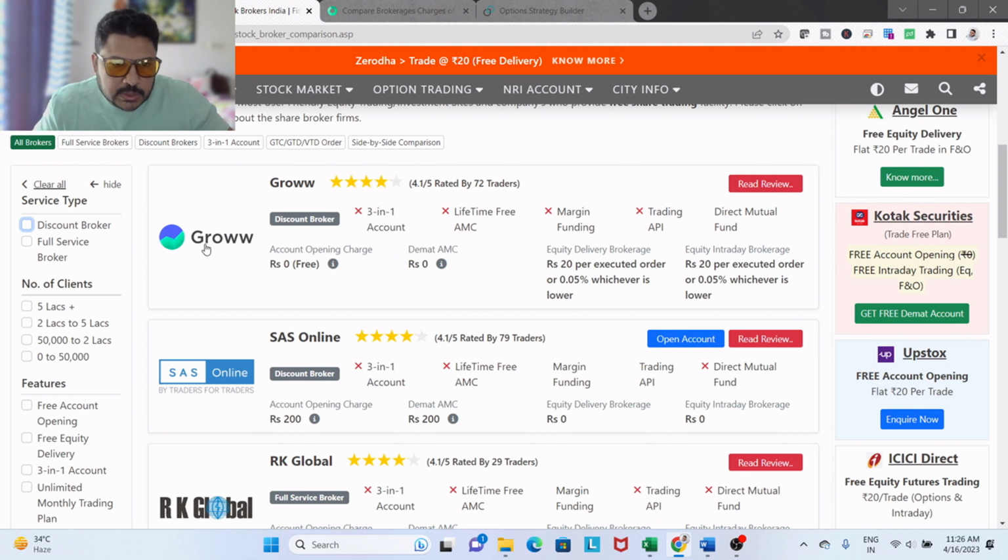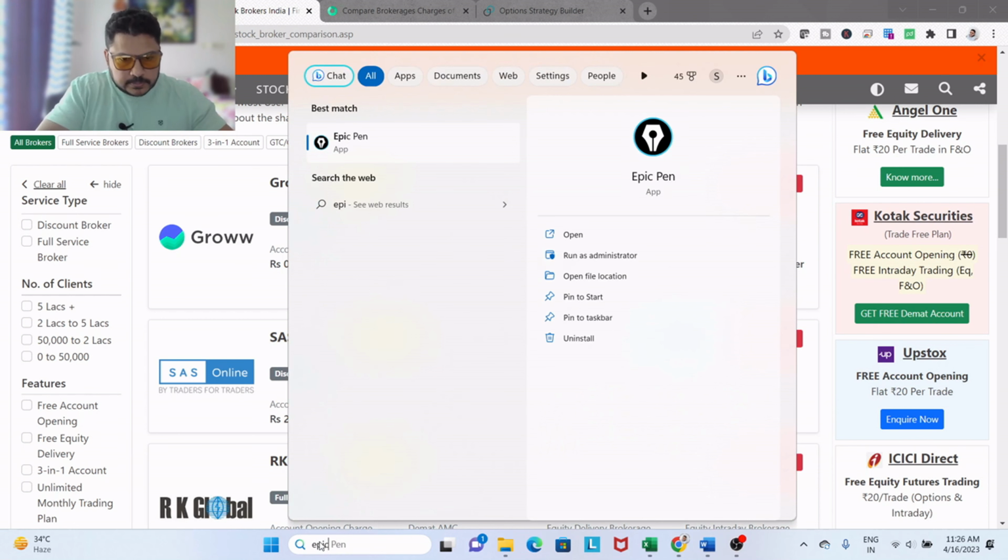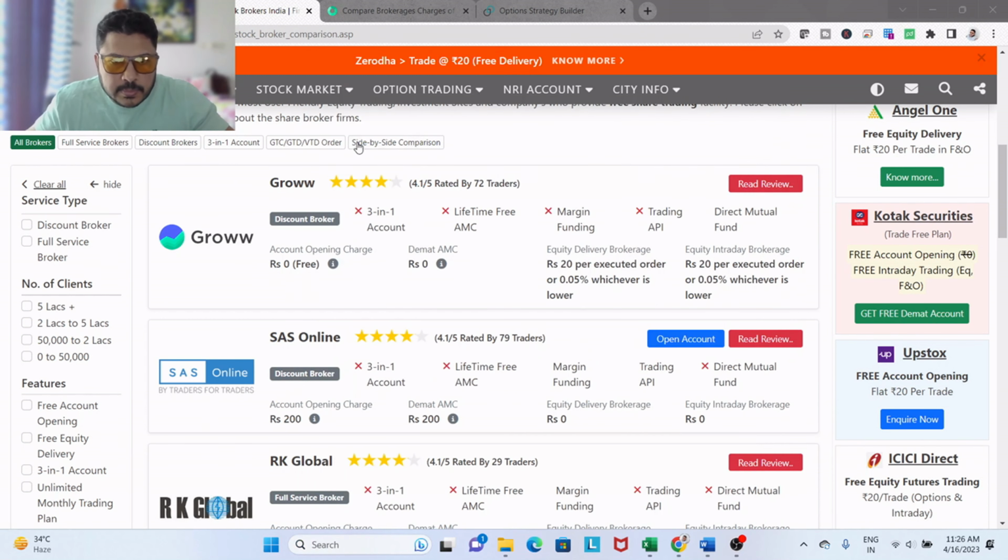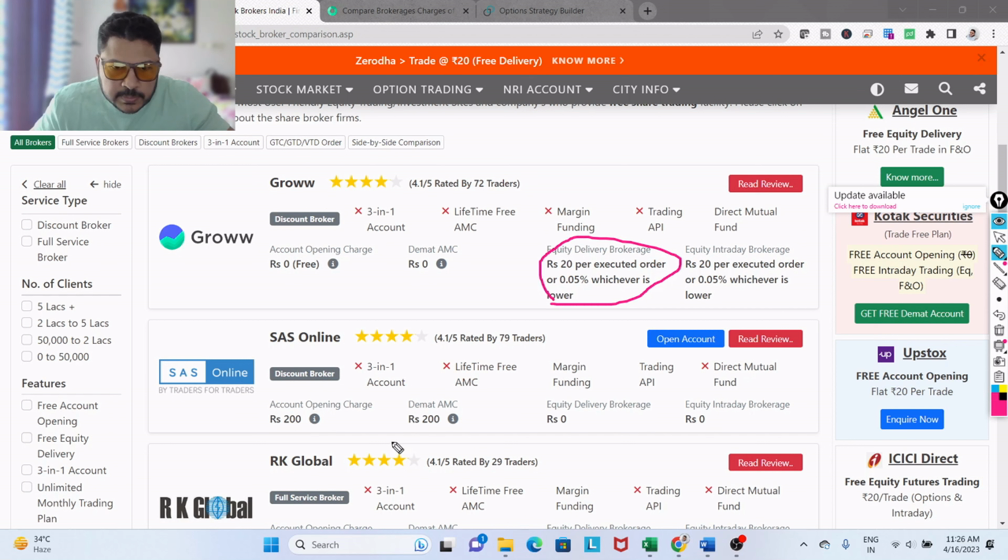So what you can prefer is, let's have a look. The account opening charge on Groww is 0, DMAT is 0, but it's 20 rupees per executed order or 0.05%, whichever is lower. So this is a little expensive. Okay, so this is an expensive part. Let's look at SAS. SAS has 200 for DMAT, this is good.